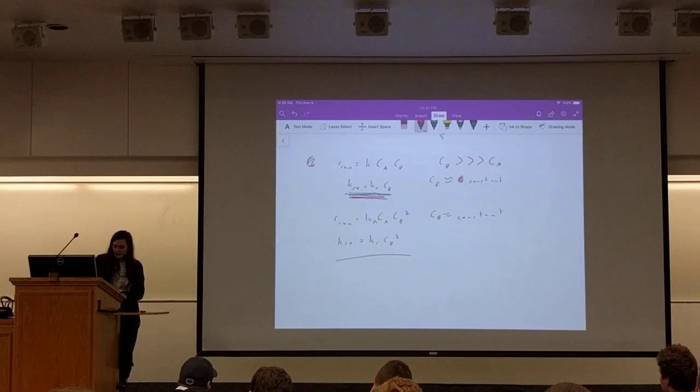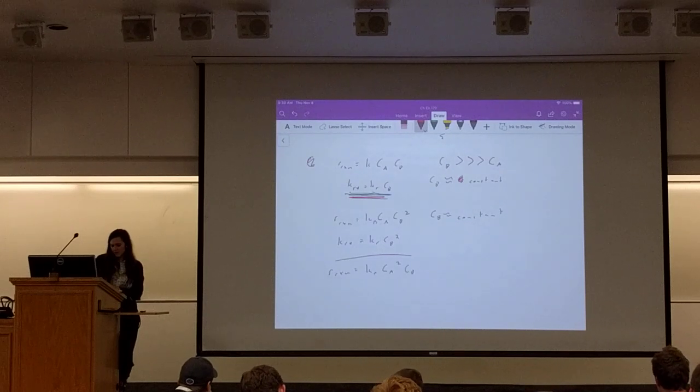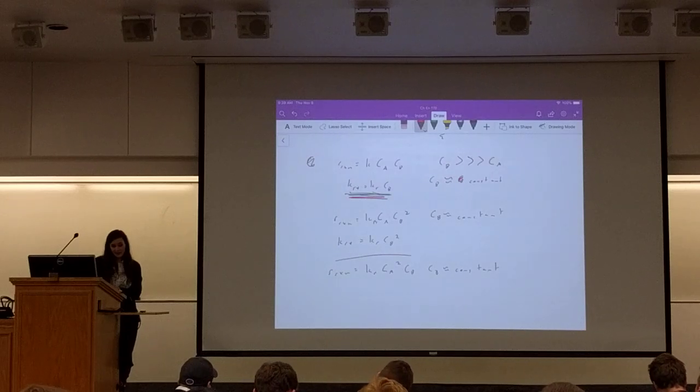On the other hand, if our reaction rate was like this, now it's second order with respect to A, first order with respect to B. B is the one we're assuming is constant.